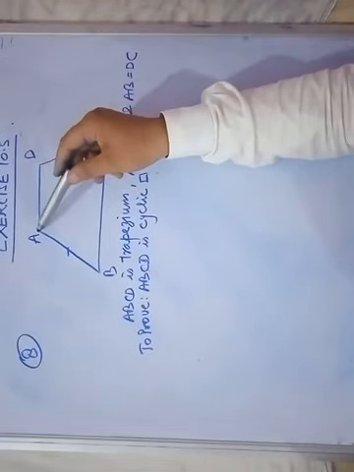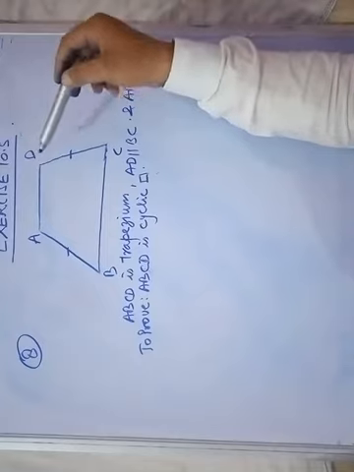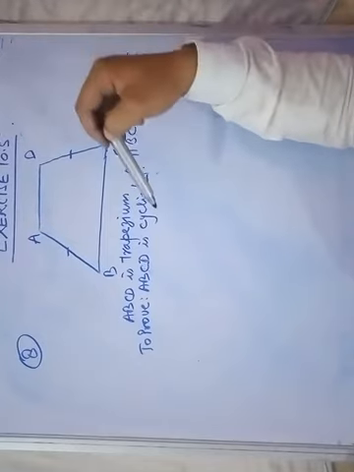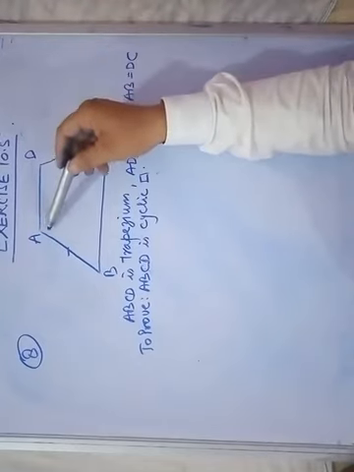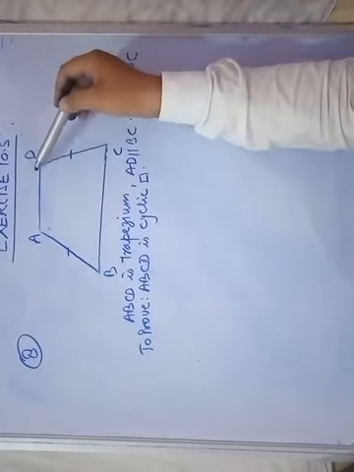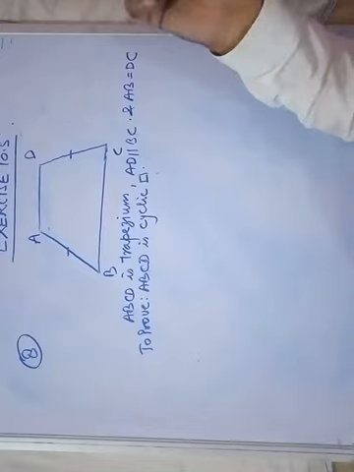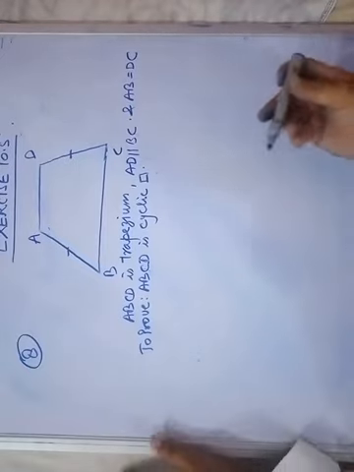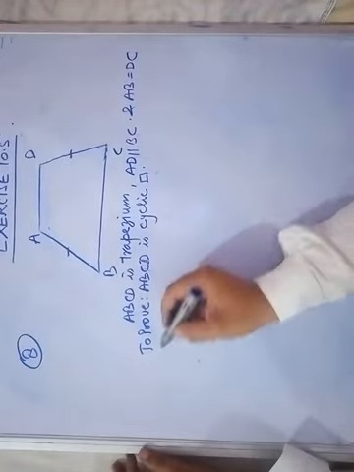That is, we need to prove angle A plus angle C equal to 180, or angle B plus angle D equal to 180, any one only. Okay. Now construction.